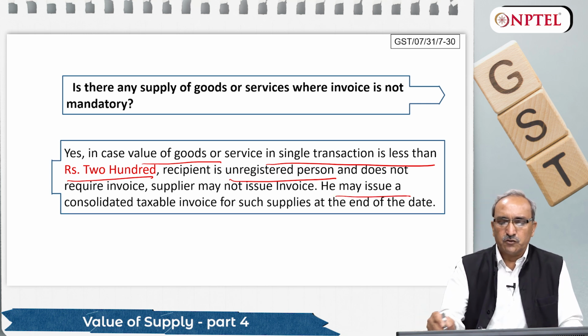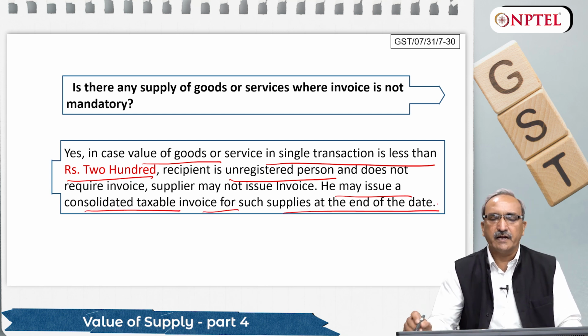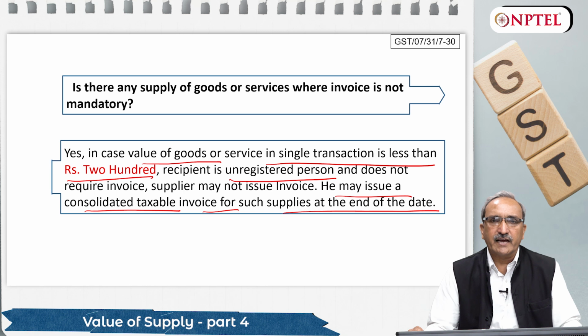and he may issue a consolidated taxable invoice for such supplies at the end of the day. The shopkeeper who has a turnover of 30 lakh rupees, with hundreds of transactions a day, finds it very difficult to issue invoices for 5 rupees, 10 rupees, 50 rupees or 100 rupees transactions.